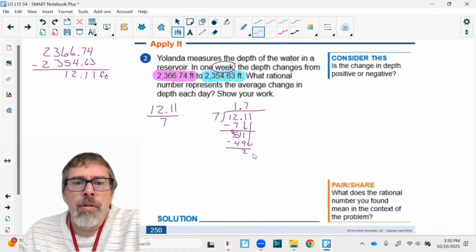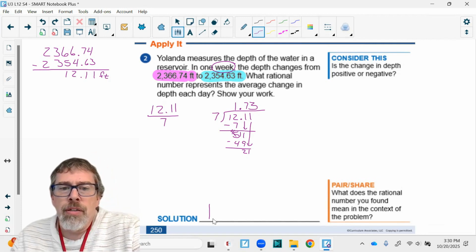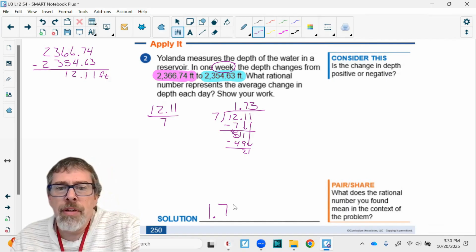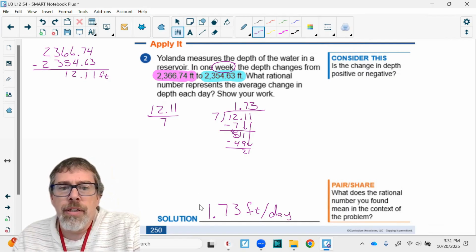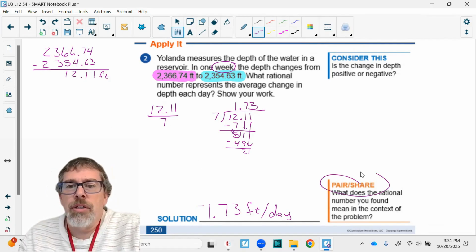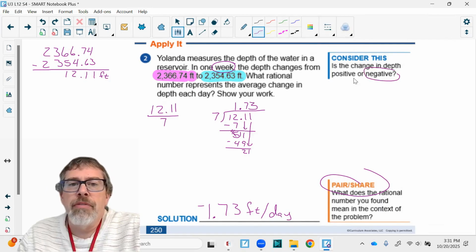Bring down the 1. 7 goes into 21 3 times. Okay, so the solution is 1.73 feet per day. And it's decreasing, so I would say that it is a negative 1.73 feet per day. All right, so that's what that means. I answered this question as well. The depth change is negative because the water was decreasing in elevation.